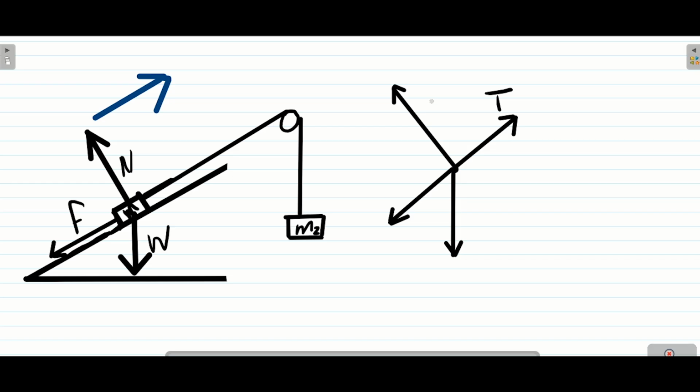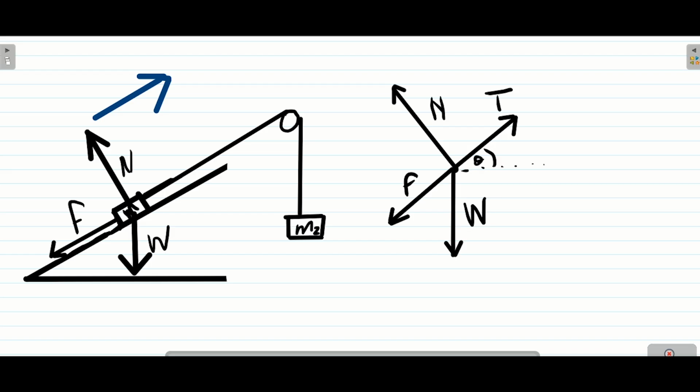So we have here our normal force N, our weight W, our frictional force F. And we could also, for analysis, state the angle which they might give to us in the question, the angle of inclination.